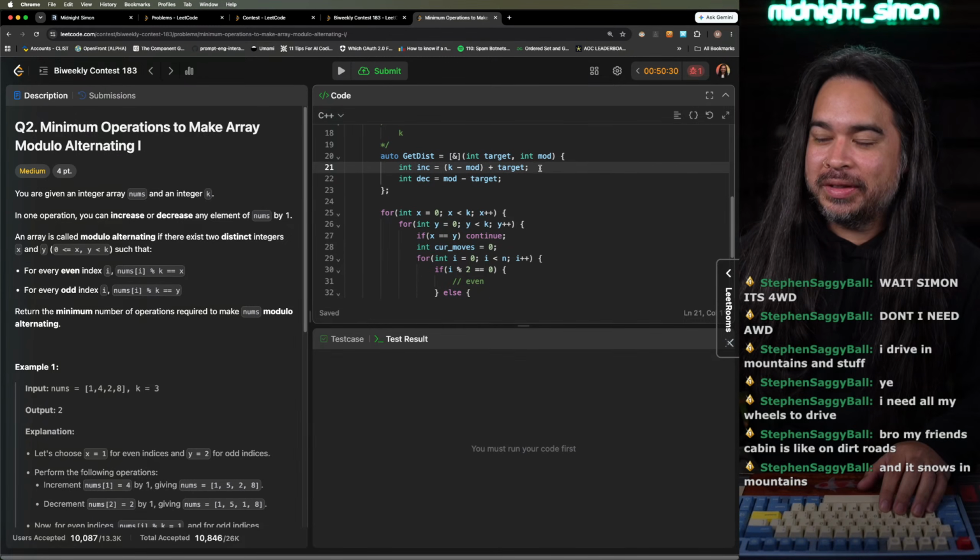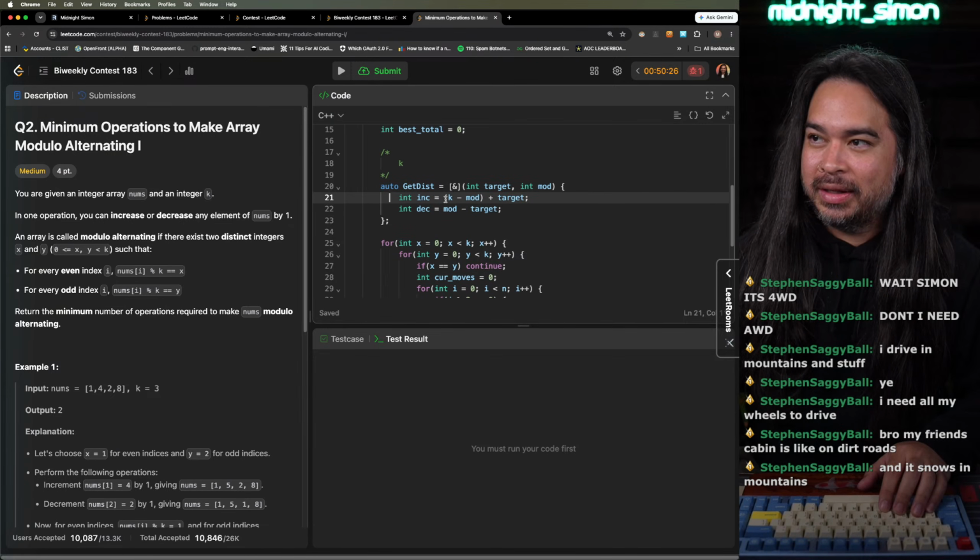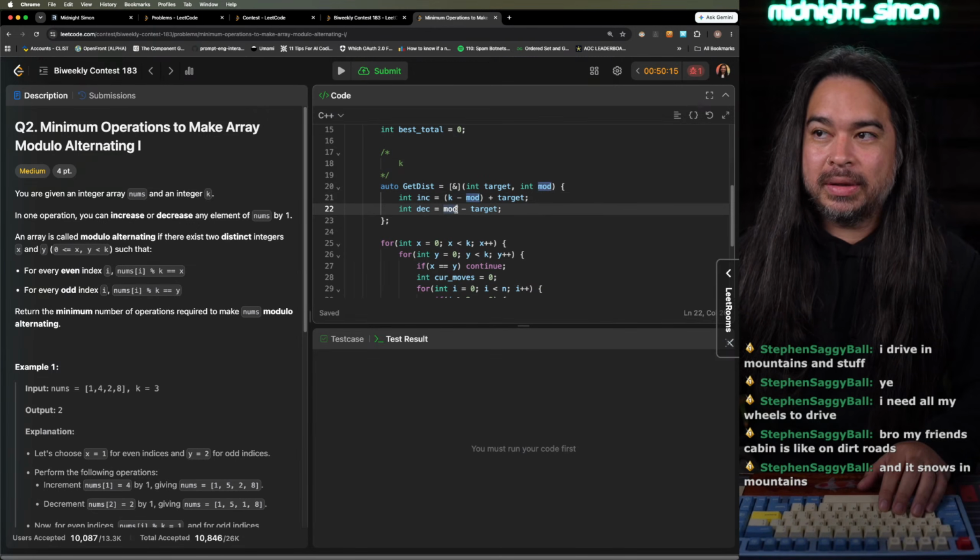Alright, how are we gonna solve this problem, man? That's what we need to figure out. So if we're increasing, you gotta go to how much that is, plus that. If we're decreasing, then we just gotta decrease it. But it could wrap around.